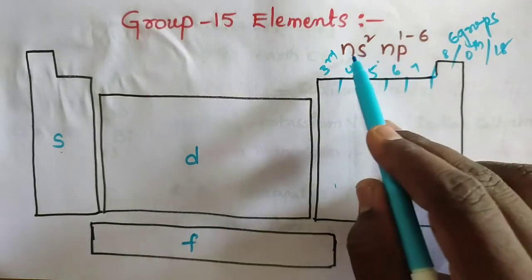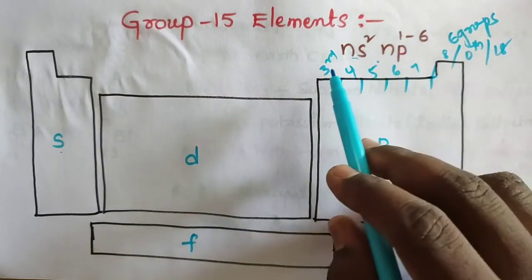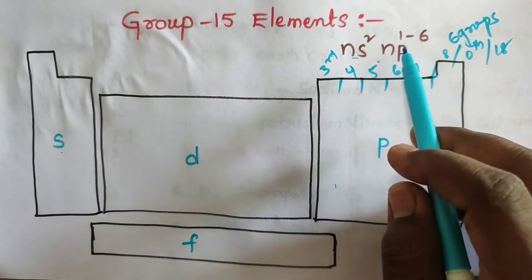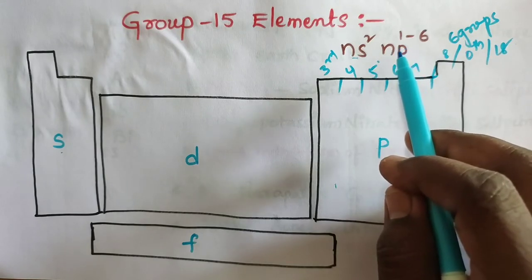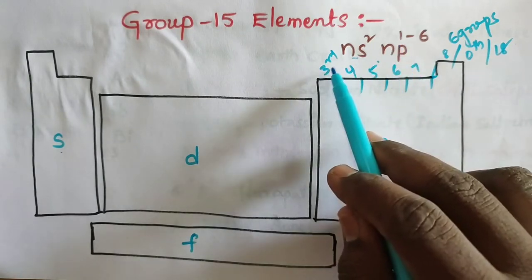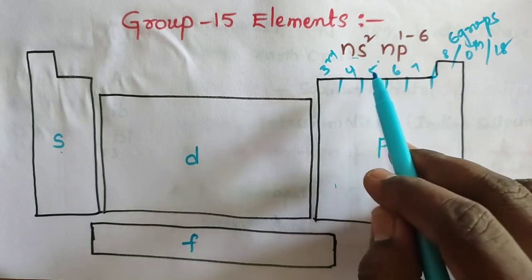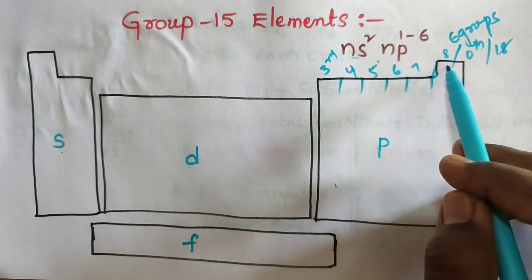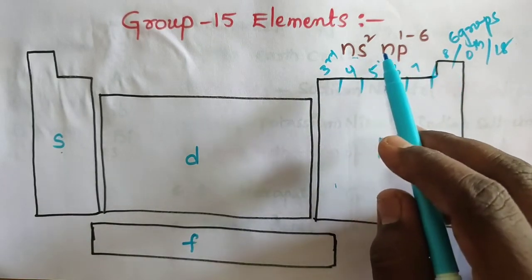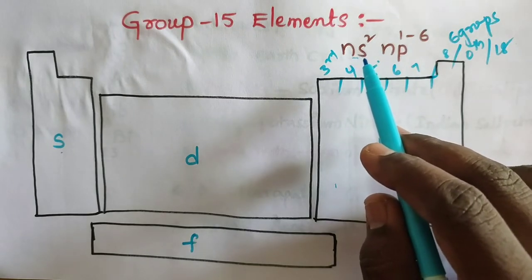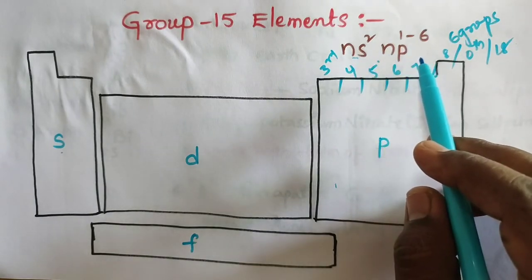Its general electron configuration is ns2 np1 to 6. That means the outermost electron is present in the np orbital, from 1 to 6. So that's why the electron configuration is ns2 np1 to 6.